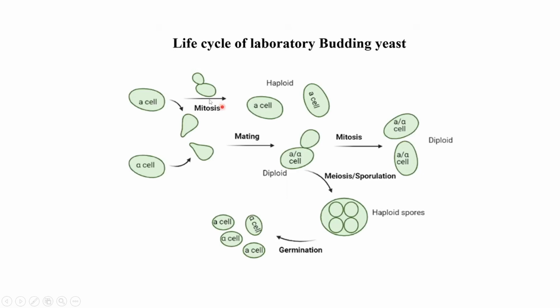Without mating, the cell will go into mitosis, then it will promote the haploid. After mating, if mitosis occurs, then it will form a diploid cell. Okay, but the diploid cell can again convert into haploid cells through the meiosis and sporulation process.